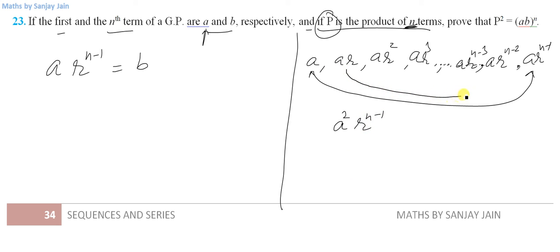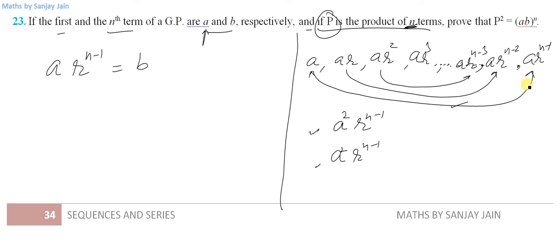If you multiply the second and second last, the product is a squared r raised to power n minus 1. The same case will be there with the third and third from the end, you will get the same product a squared r raised to power n minus 1.